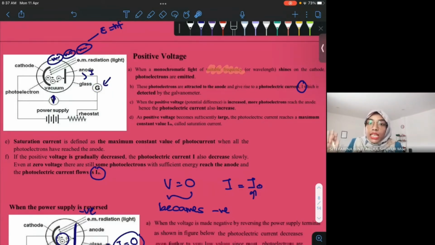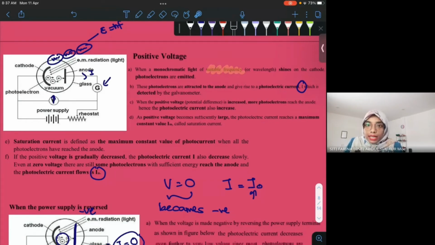It means the current has reached the saturation current, iaitu Im. Im ini adalah maximum constant value of the photocurrent. Proses ini indicates that all the photoelectron dah sampai ke anode.